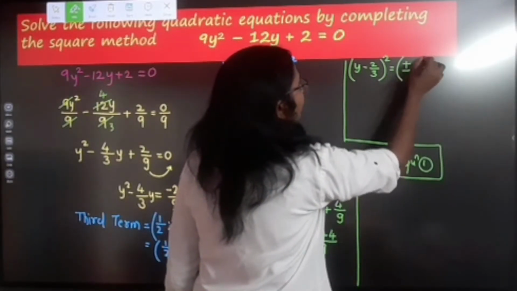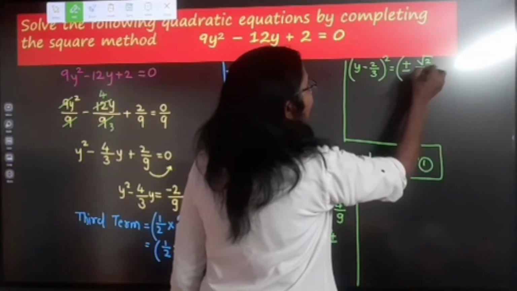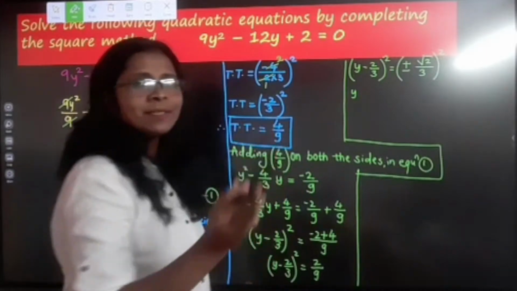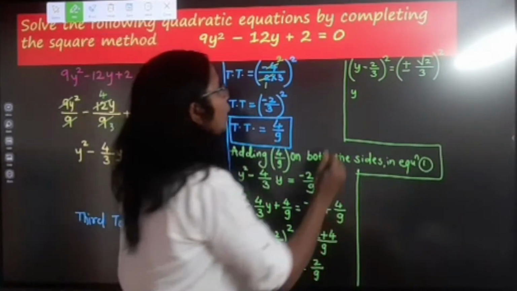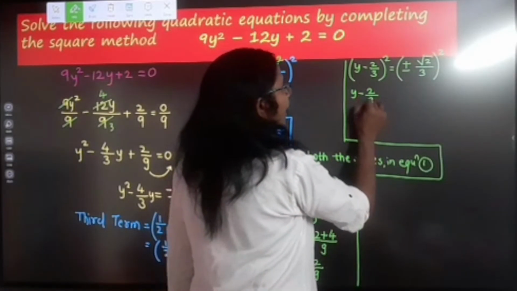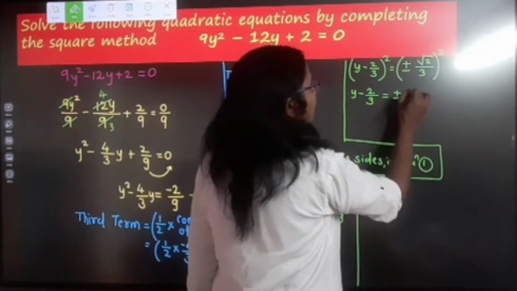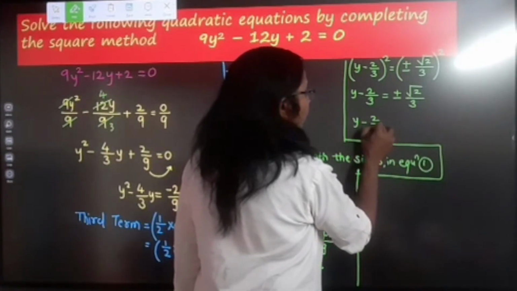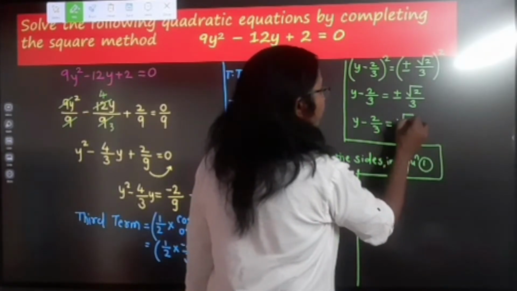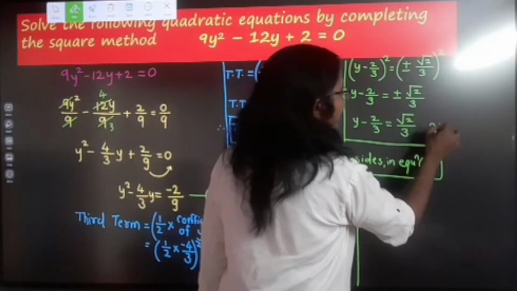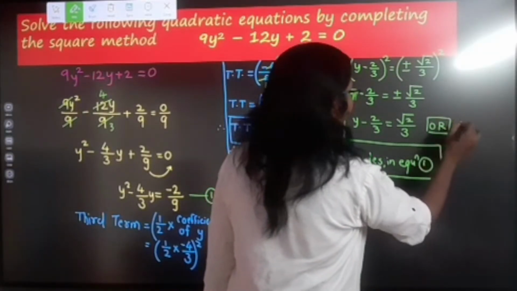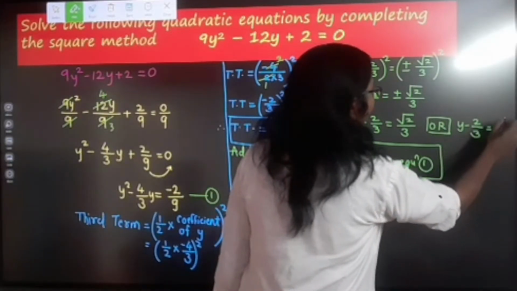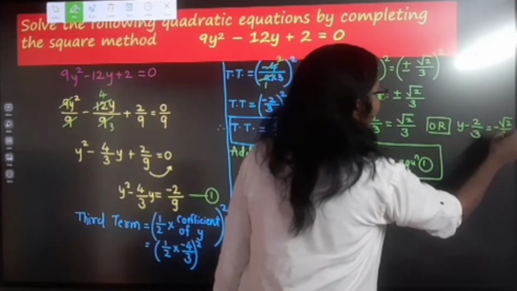So I write down square root on both the sides. So y minus 2 upon 3 is equal to plus or minus root 2 upon 3. So y minus 2 upon 3 is equal to root 2 upon 3, or we say y minus 2 upon 3 is equal to minus root 2 upon 3.